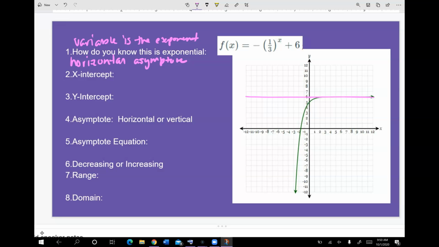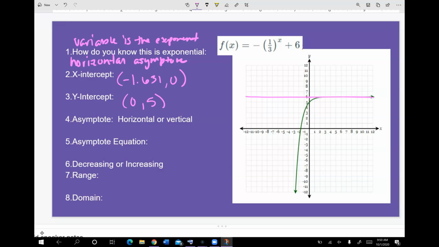I'm going to do y equals negative 1/3 raised to the x power, plus 6. So my x-intercept is going to be negative 1.6310, and then my y-intercept is going to be 0.5.